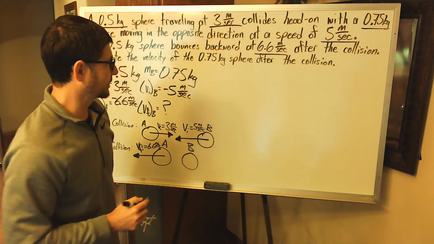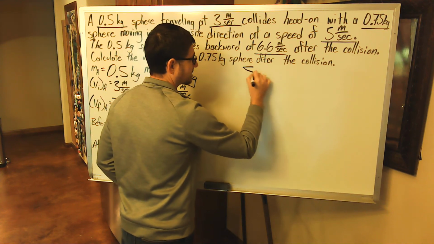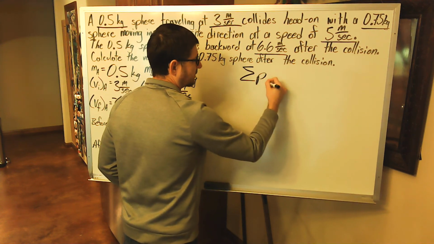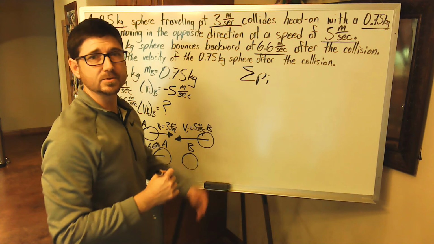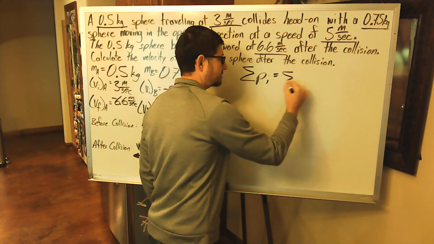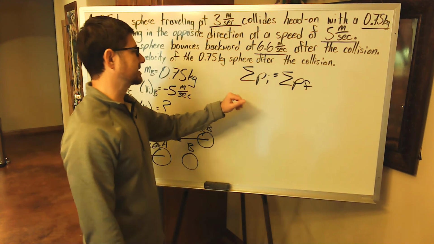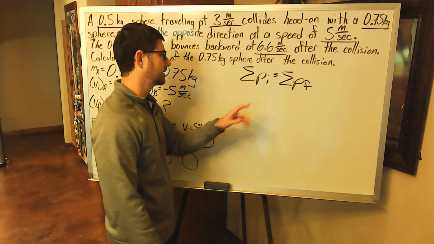Okay, so let's start with the equation here, law of conservation of momentum. We have the sum of the initial momentum of the system is going to equal the sum of the final momentum of our system right here. So we have the Greek letter sigma, which means the sum of.